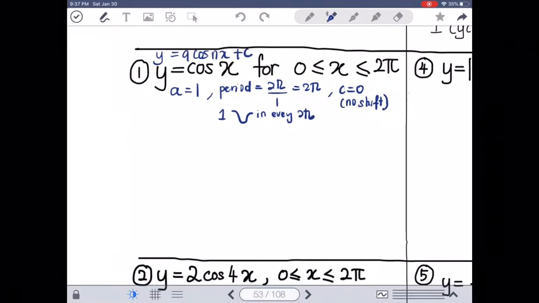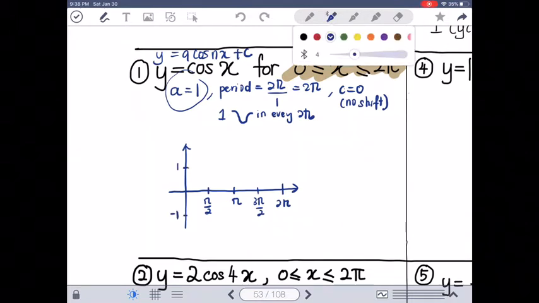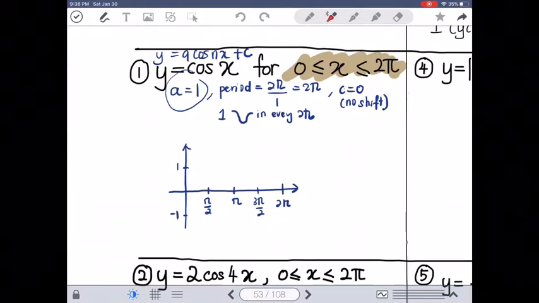Okay, so if you draw the graph, this is 2 pi, this is pi over 2, 3 pi over 2. Our amplitude is 1, so you need to draw from 0 until 2 pi. So we have one cycle in every 2 pi.